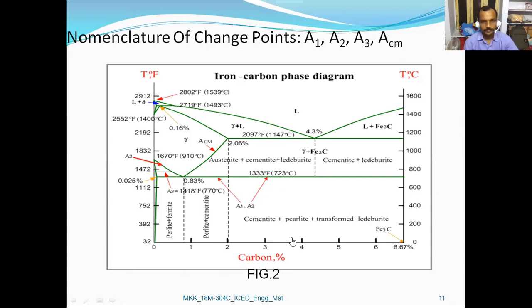Coming here, cementite plus pearlite plus transformed ledeburite. We can discuss the combinations of austenite plus cementite plus ledeburite in this phase, and cementite plus ledeburite here. This is the liquid phase.